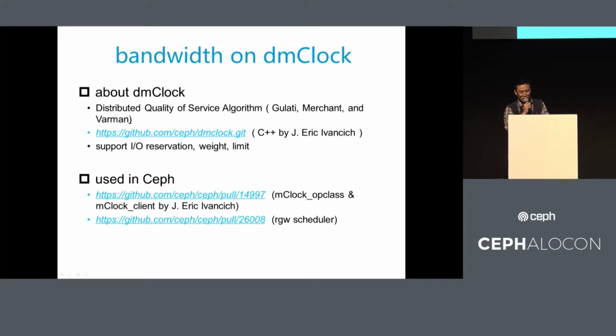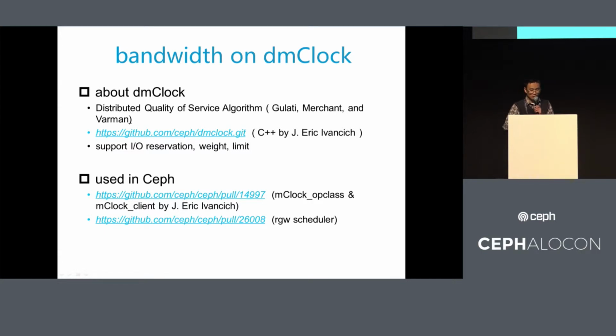And 2 experimental sharded OP queues are added here, which are mClock OP class and mClock client. Also, it has been used as a HW scheduler in another PR here.